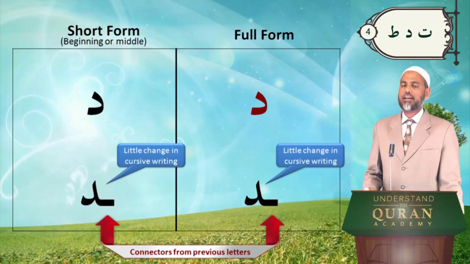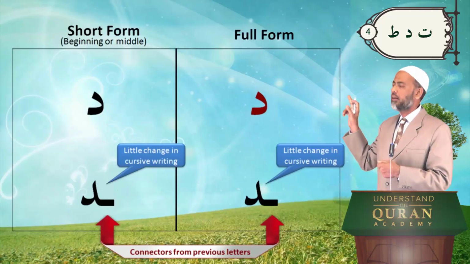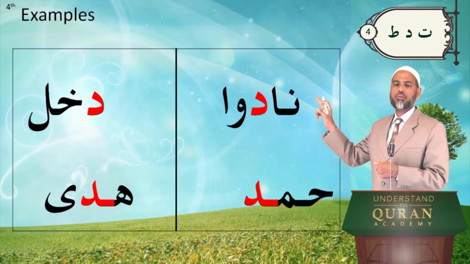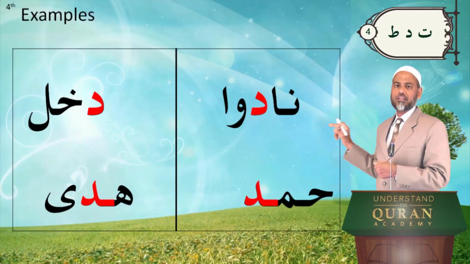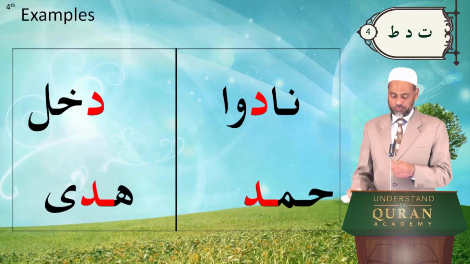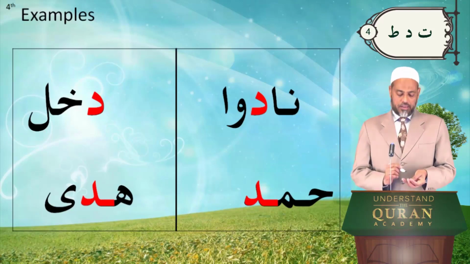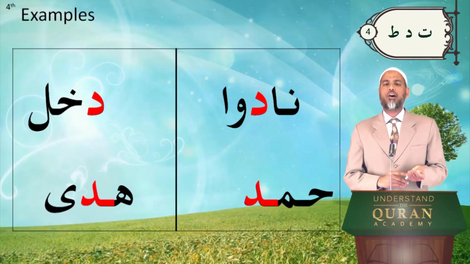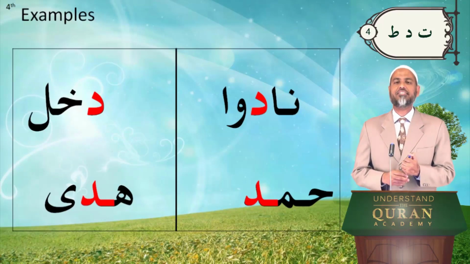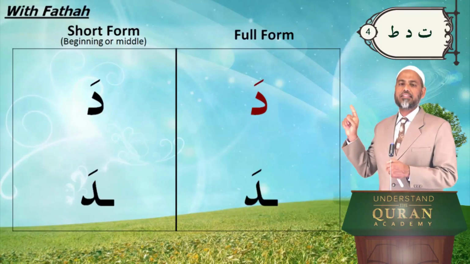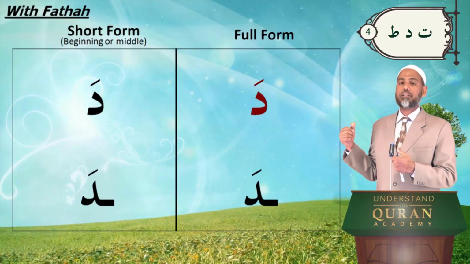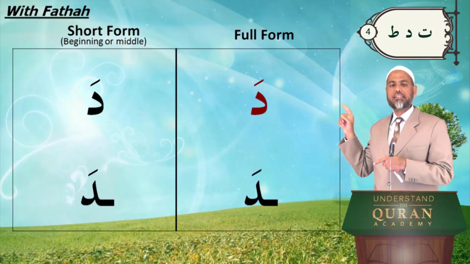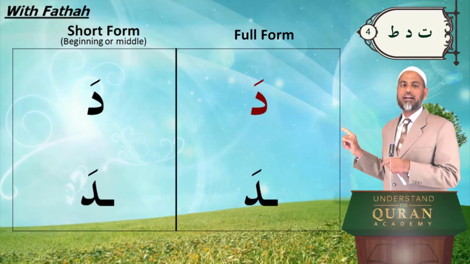So here we have examples for dal in its full form and short forms in different words and with connectors in different words. Let us practice the letter dal with fatha, da, da, da, da. The name is dal, but the sound is da, da, da, da.